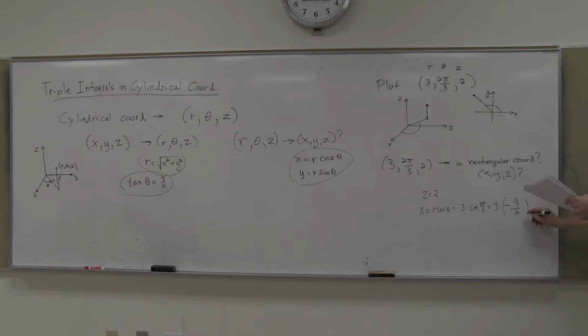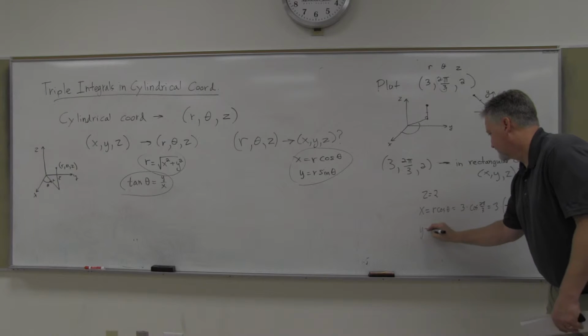No, sorry, 1/2. Cosine of pi over 6 is square root of 3 over 2. Cosine of pi over 3 is 1/2. Plug in your calculator. It'll give it to you, I guess, but sometimes remember these things.